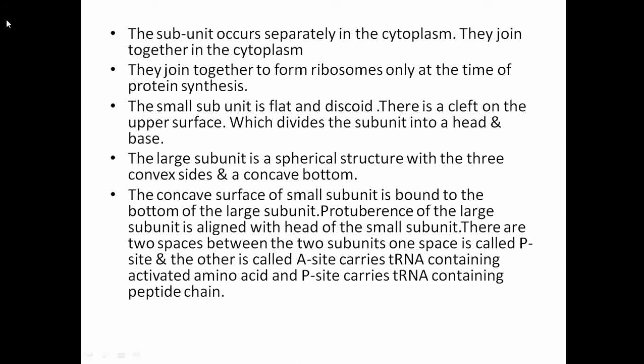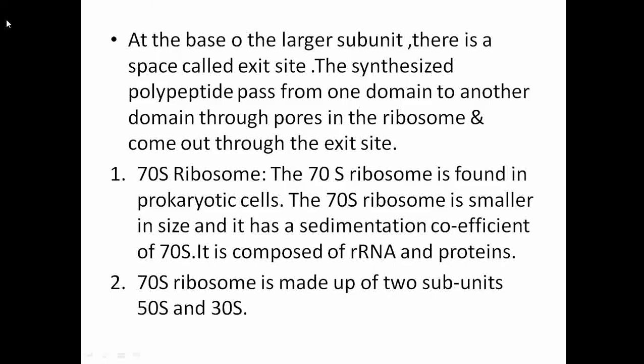There are two spaces between the two subunits. One space is called the A site, which carries tRNA containing an activated amino acid, and the other is called the P site, which carries tRNA containing the peptide chain.